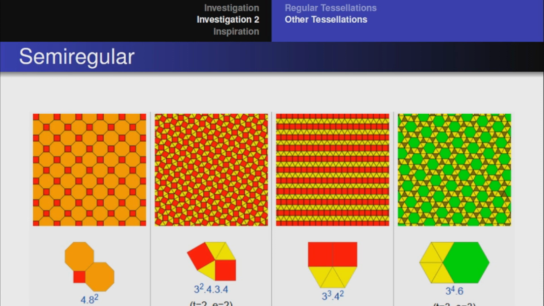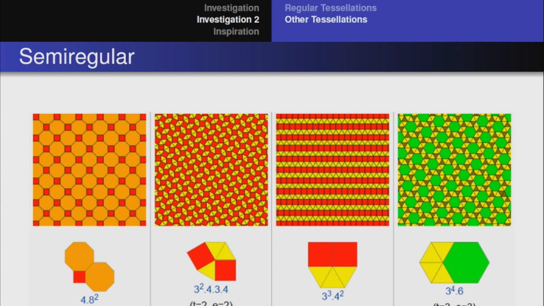I can still have 3 triangles and a square, and 2 squares, but in a different arrangement, giving me a different tessellation. Then the third one we have seen. The last one on this page, there's another one that we have not seen.